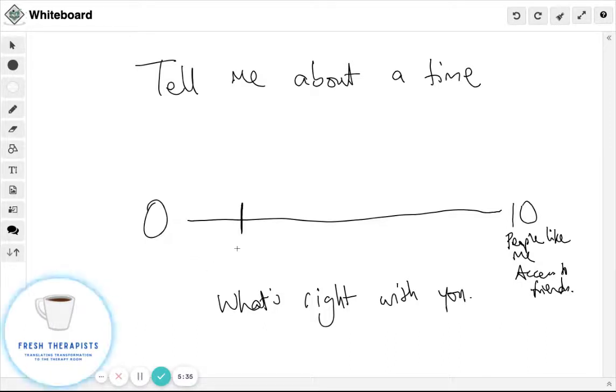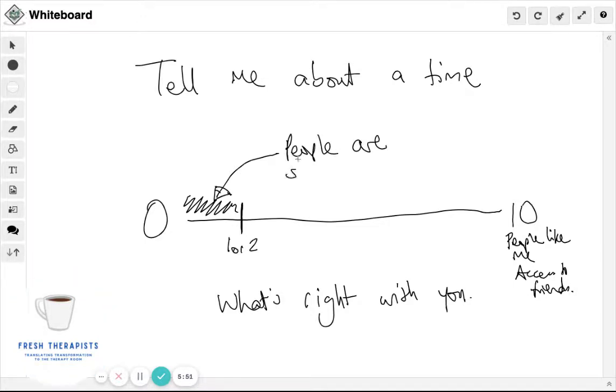And so if they were to say something low, like a 1 or a 2 here, again, you've got all this good stuff where you could say, well, tell me about this. Tell me about these things where actually people are showing that they like you. Tell me what puts you at a 1 or a 2 rather than a 0.